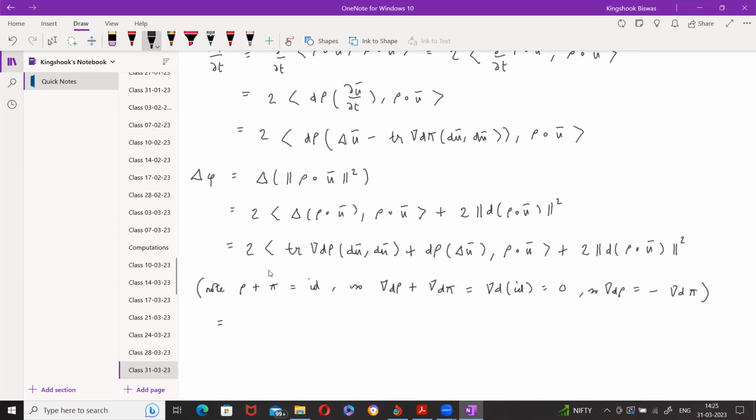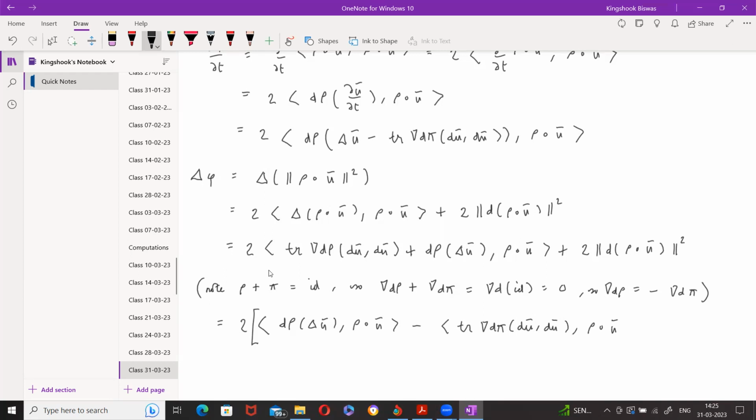So here we get twice. So let me write it in this way. So I'll get one term, d rho of Laplacian u bar, inner product rho composed with u bar, minus, so I'll take the 2 outside, minus trace of nabla d pi composed with du bar, inner product with rho composed with u bar.